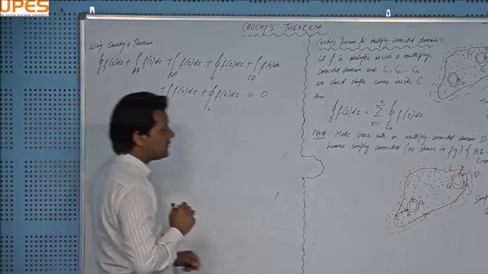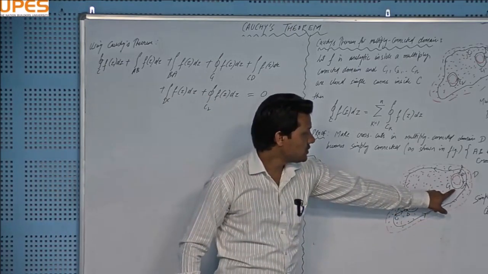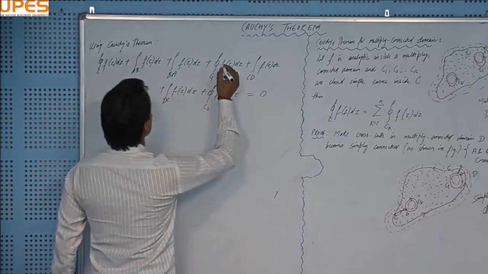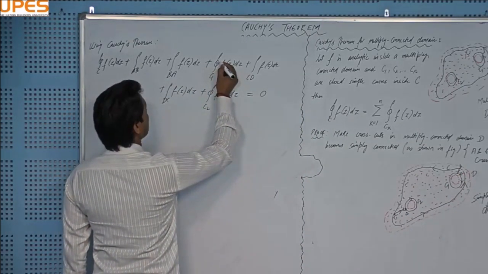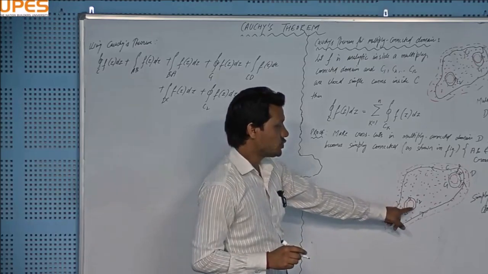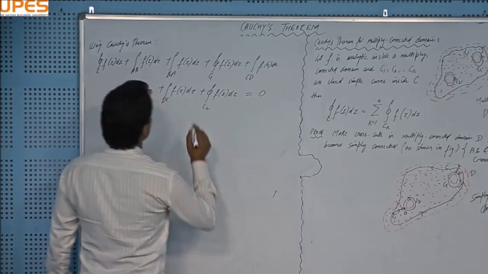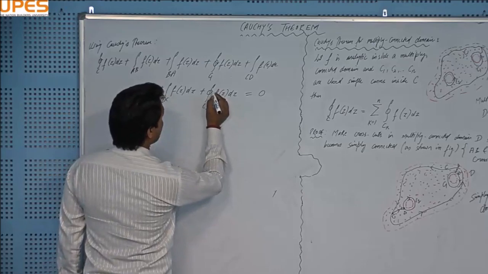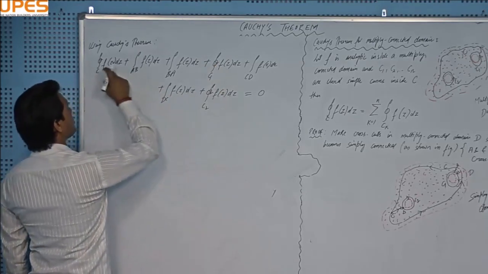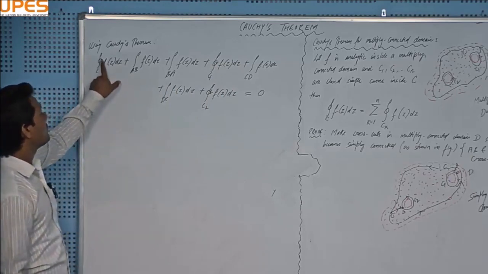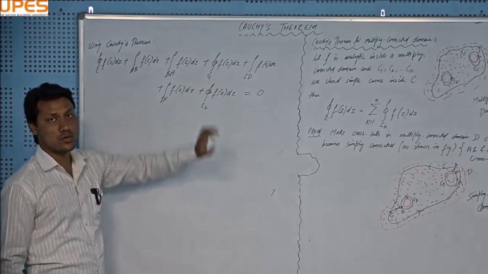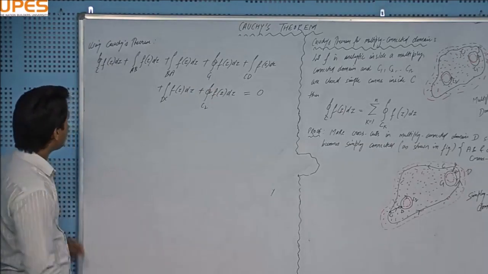And if you move along C1, you can see that the direction is clockwise. I will make a clockwise arrow here like this. And similarly along this C2 curve, the direction is again clockwise. So see these arrows: this is an up arrow, counterclockwise, and along C1 and C2 the arrows are clockwise.